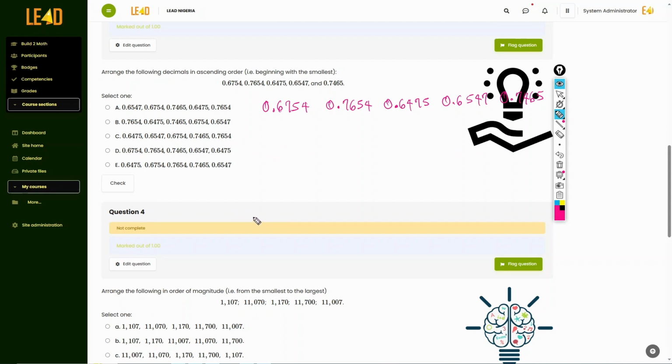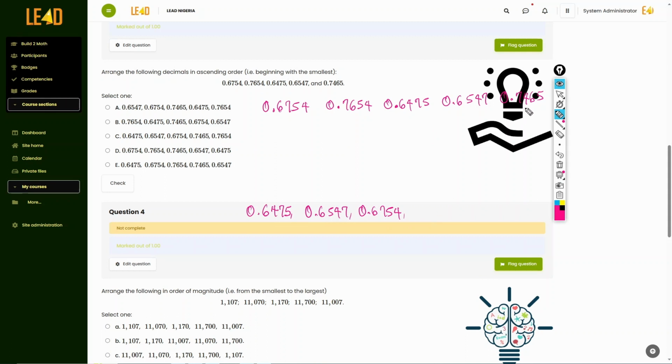So from the smallest, I'm going to start with 0.6475, then followed by this one that has 65, so 0.6547, followed by 0.6754.